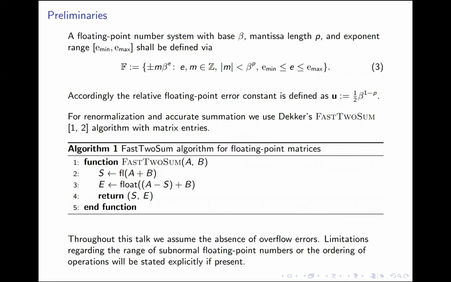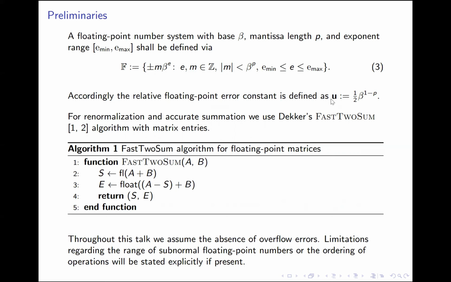First, we will generalize this for an arbitrary base beta, show a slightly different splitting approach and some other possible improvements. At the end of the talk, I will give you an alternative evaluation scheme. For this, we suppose that our floating point system has a base beta and a mantissa length p.